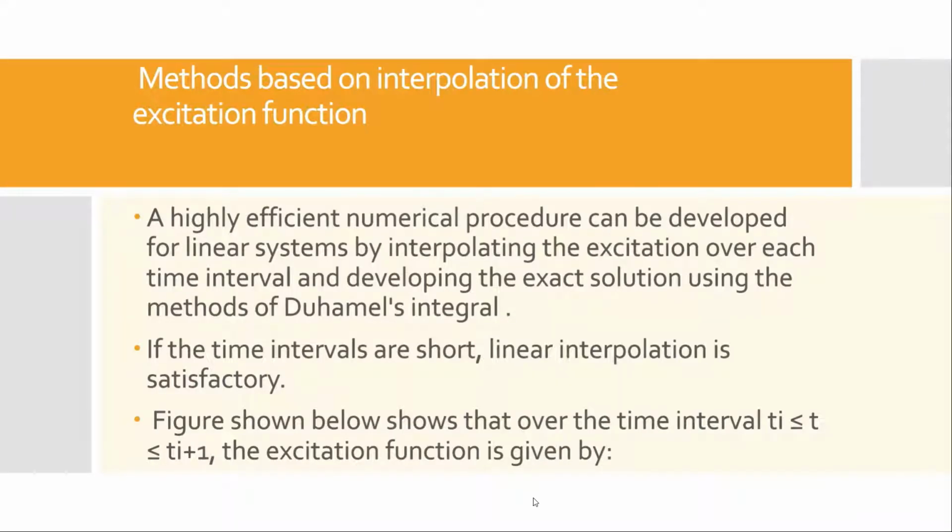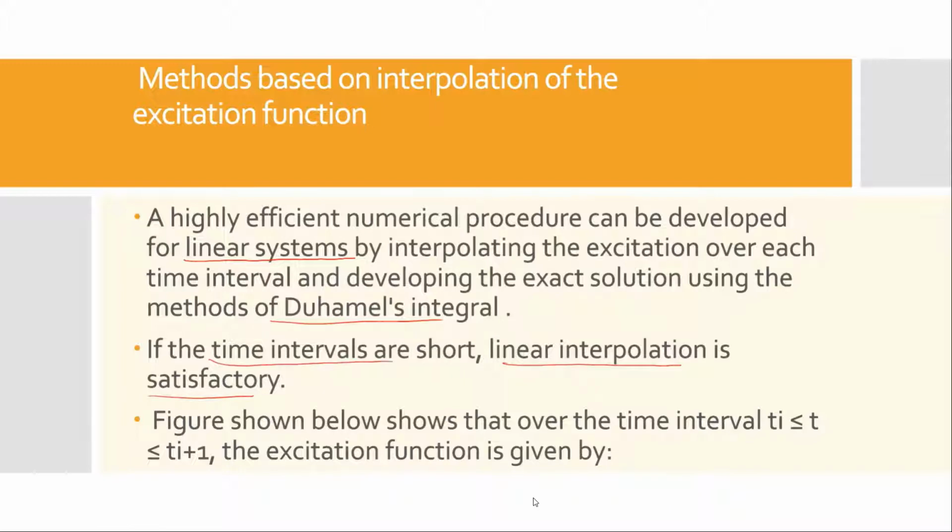Now the methods based on the interpolation of the excitation function. A highly efficient numerical procedure can be developed for linear systems by interpolating the excitation over each time interval and developing the exact solution using the methods of Duhamel's integral. If the time intervals are short, linear interpolation is satisfactory.